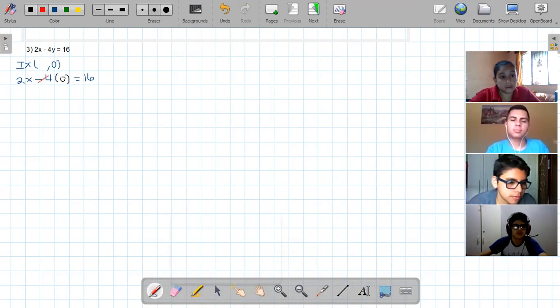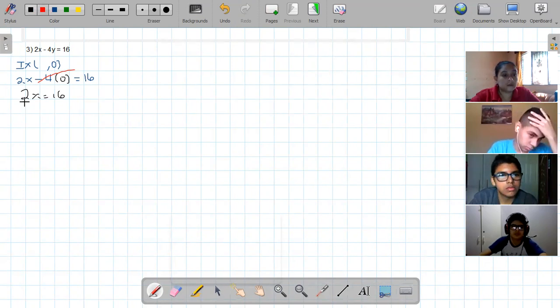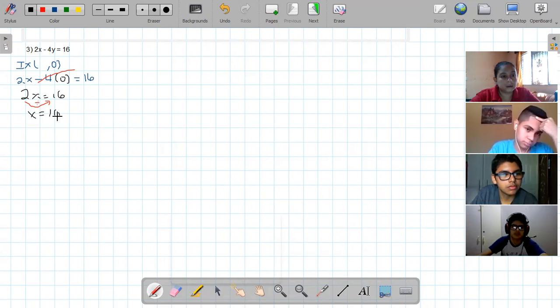Negative 4 times 0, we cancel it out. So we got 2x equal to 16. I need to leave the variable completely alone. Therefore, the 2 goes to the other side with an inverse operation, which is a division, don't forget it. And x is equal to 16 divided by 2. How much is 16 divided by 2? 8. So x is equal to 8.